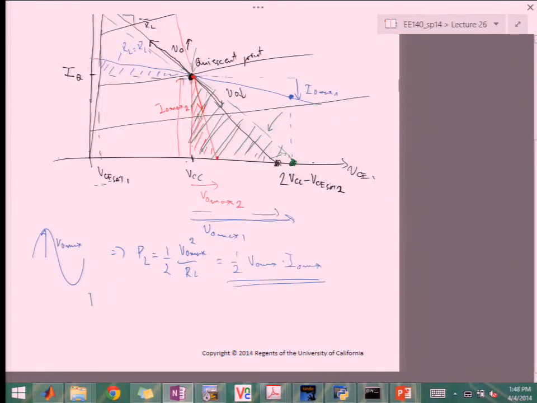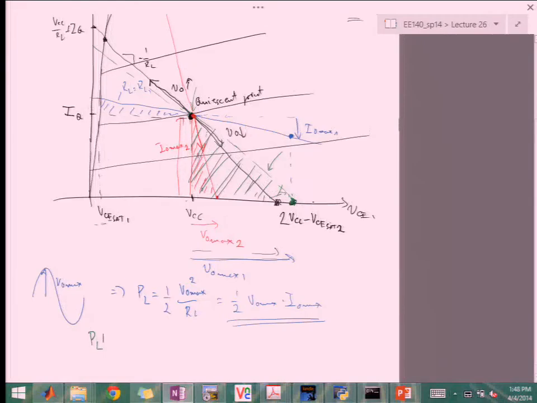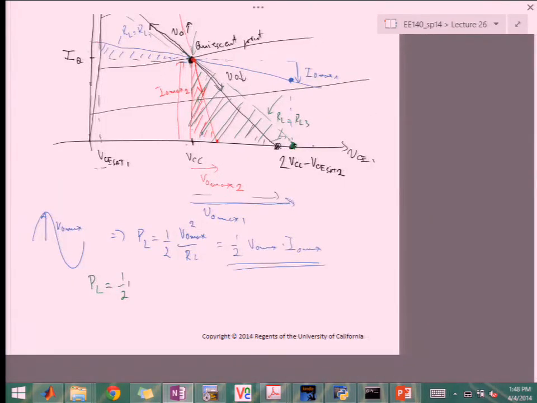So we can call this RL equals RL3. So that will be 1/2 of VO max 3 times IO max 3. And that's VO max 3 is VCC minus VC sat. And IO max is IQ. Okay.